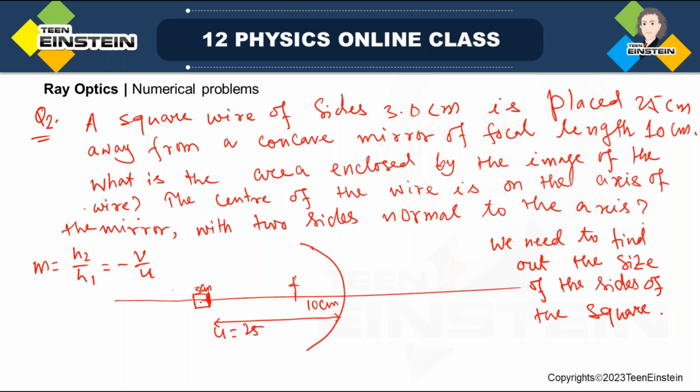Now if I find out the object distance and the image distance v of this particular side, which is just made bold, then I will be able to get the size or sides of the image of the square from this formula, okay. All right, so then it will be done.